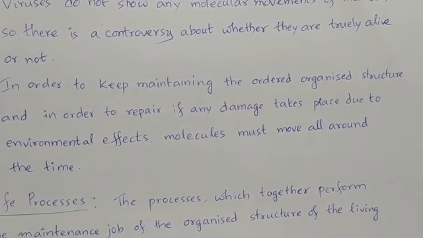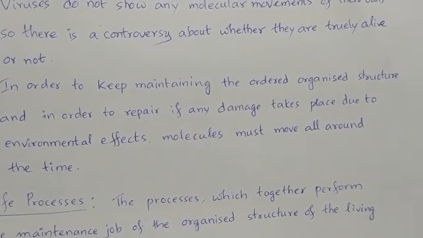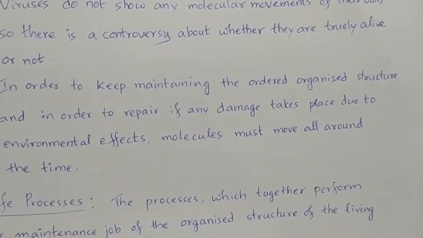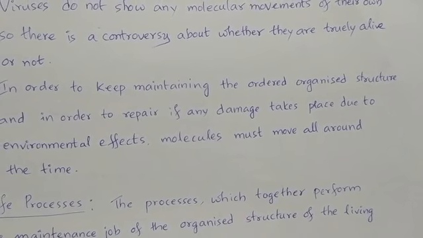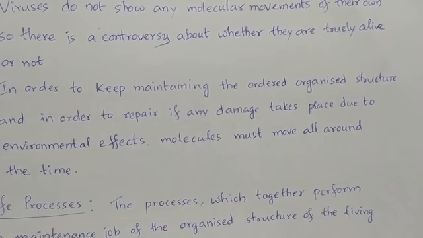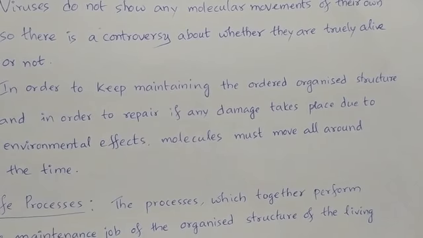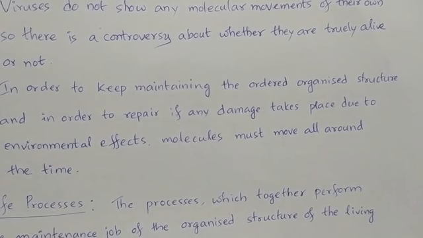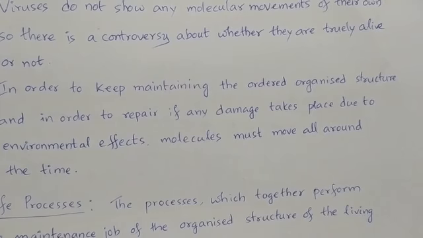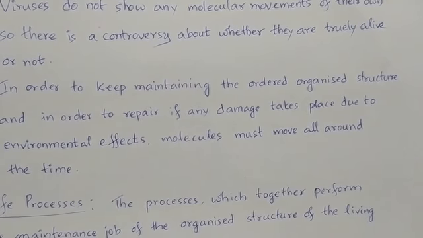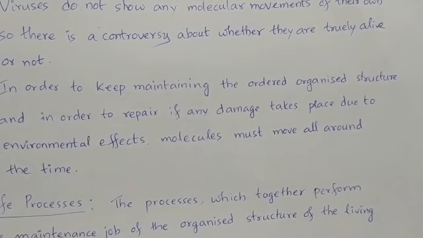The environment may exert some forces on the bodies of the living organisms. So some wear and tear will always be taking place in the bodies of the living organisms. If this wear and tear is not repaired, the organism may tend to lose its orderly organized structure. If orderly organized structure is lost, what will happen?